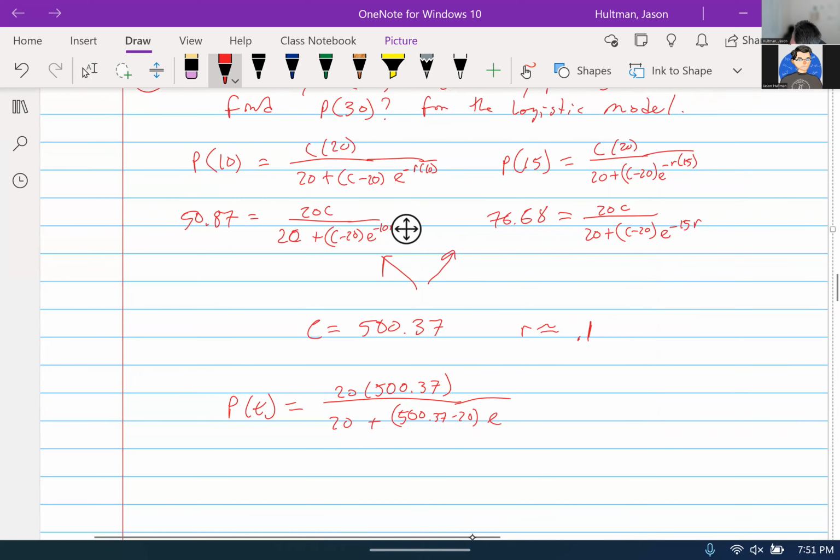R is 0.1, so 0.1 times t, or basically t over 10, so e to the t over 10. Now I could clean this up a little bit if I wanted to. This would be 20 times 500.37.